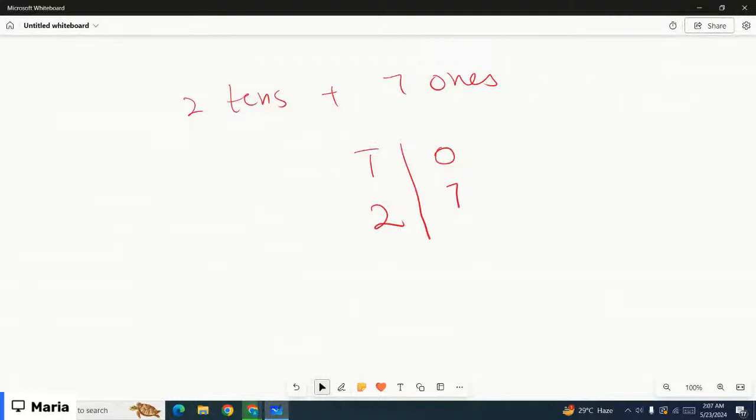The correct option is yes, together they make 27, right? 7 is the rightmost digit, and then you have two. So together they make 27. Very good.